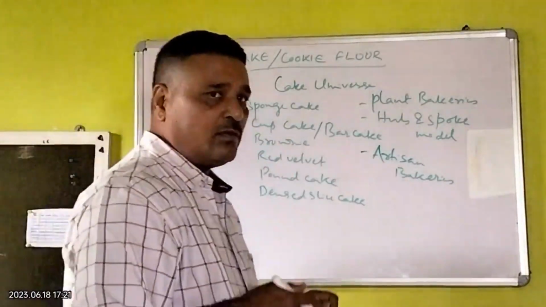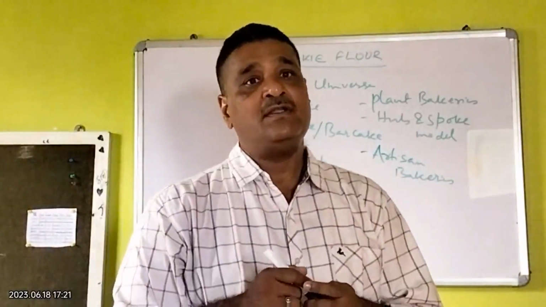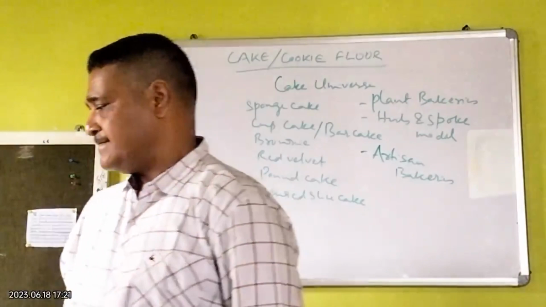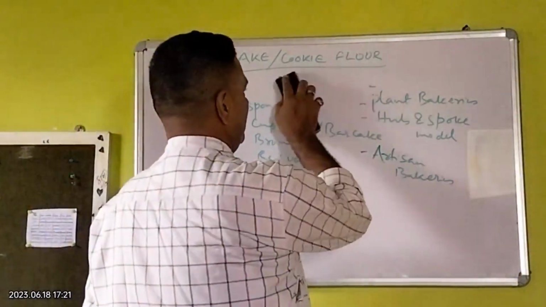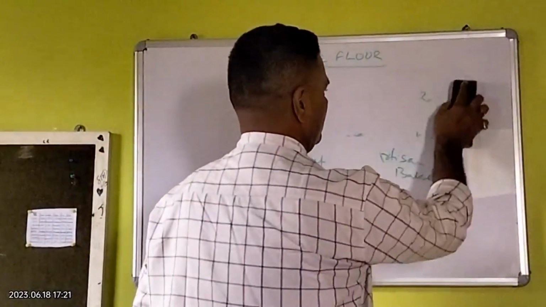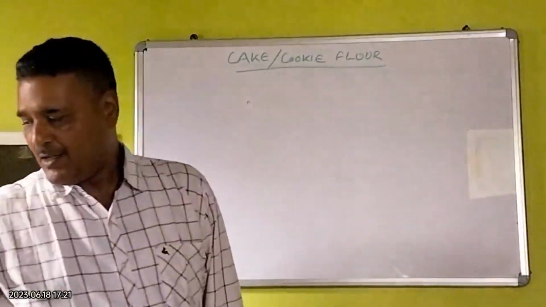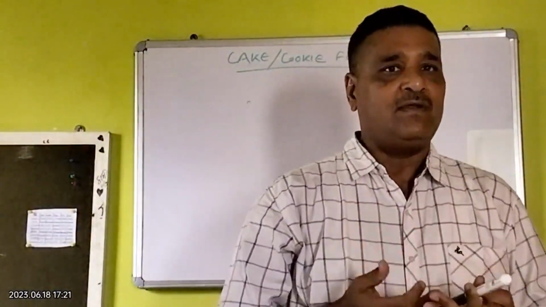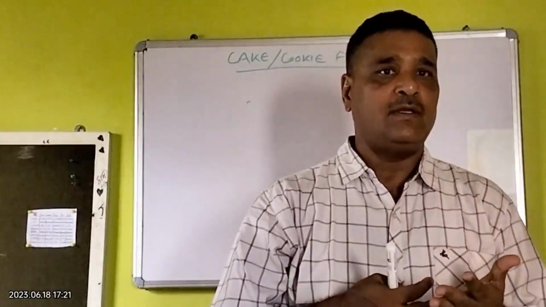Now, to make a good quality cake, what kind of flour shall be used? And what is the difference between a bread flour and a cake flour? In a bread flour, the quality of protein, as we discussed in our last video, the quality and the quantity of the protein is important.